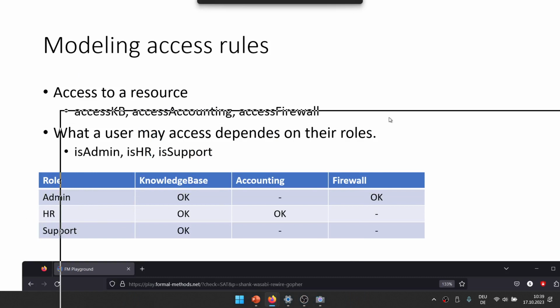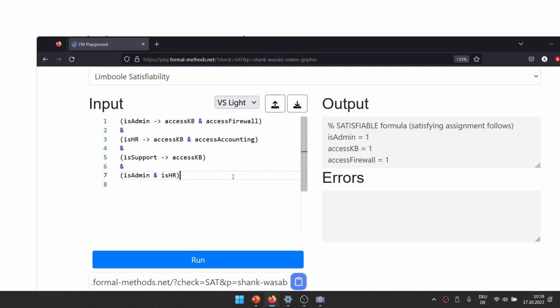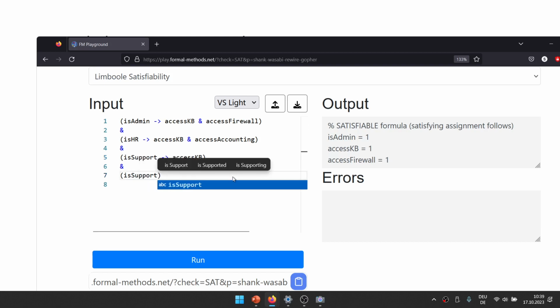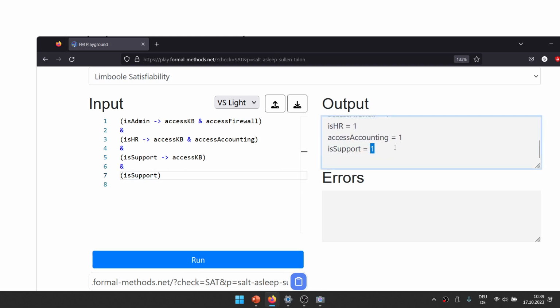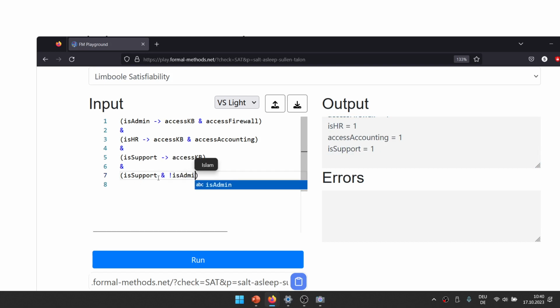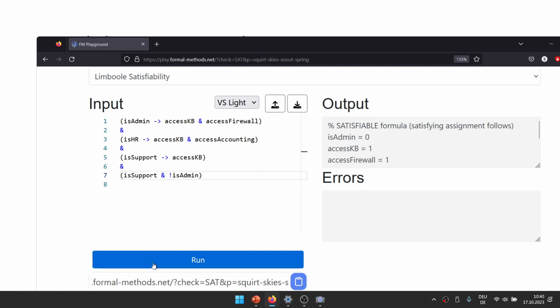Now, let's do some sanity check. Let's maybe define some person who works for the support. Okay, now, well, they're also admin. Yeah, maybe they shouldn't be admin. So let's say I want somebody who works for the support and is not an admin. So now this person is not an admin, works for the support.